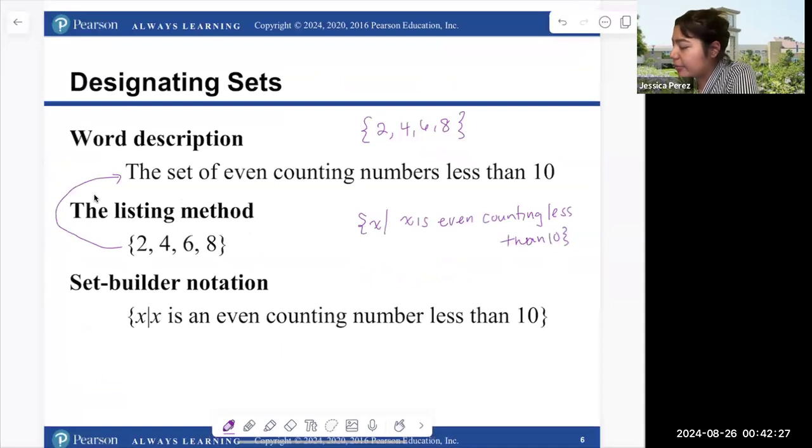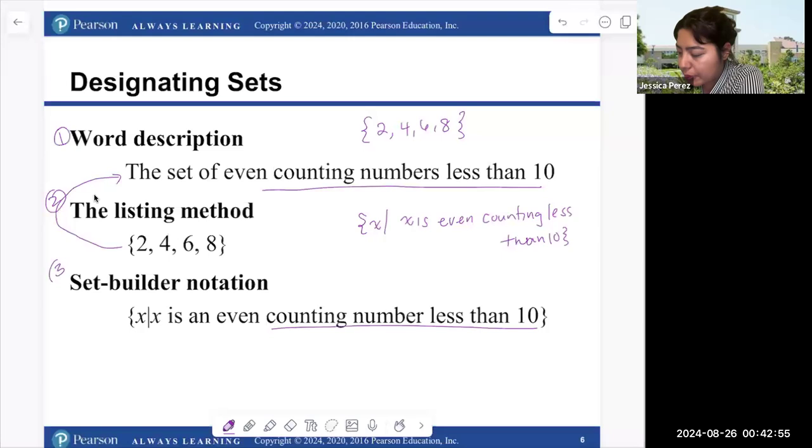The word description and the set builder have some things in common because you're pretty much rewording it, except that the set builder has these curly braces. But in the listing method, you are listing them out. So this is an example of how to designate sets in the three different methods.